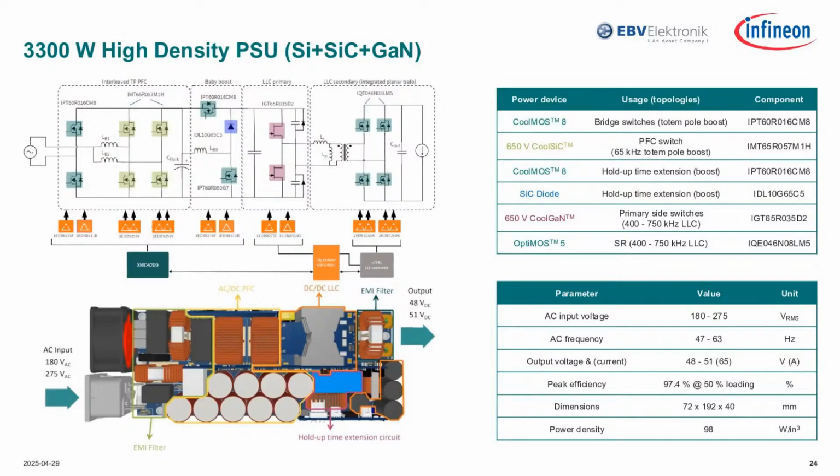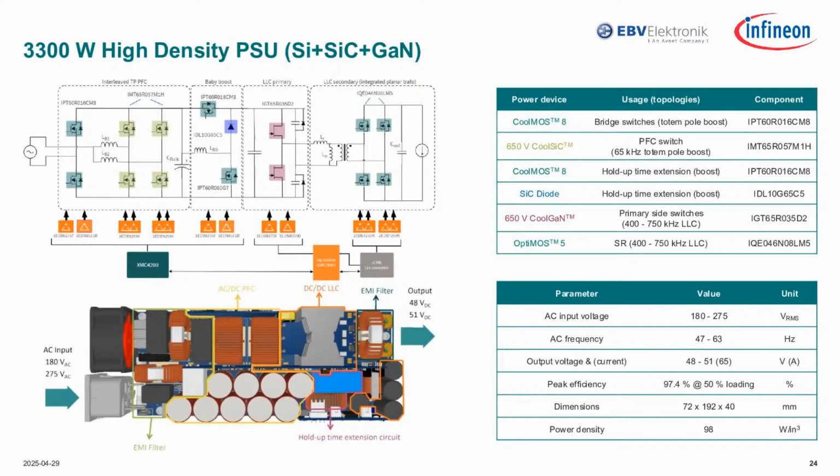The only consideration is how to make this small boost converter as small as possible. The traditional small boost converter uses a silicon MOS and a silicon carbide diode for the short-term boost to maintain the hold-up time.